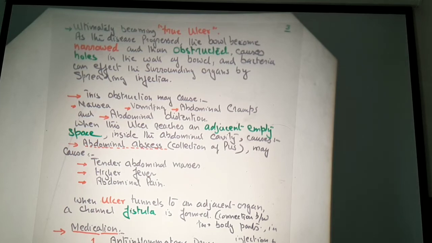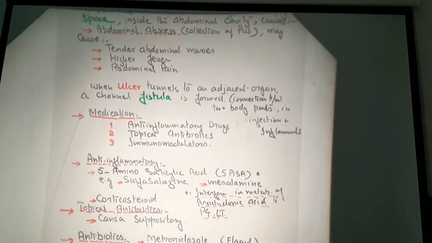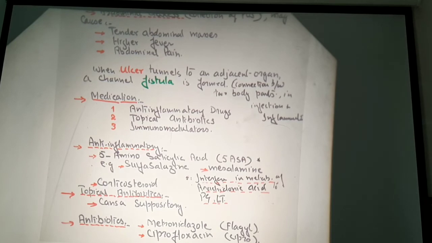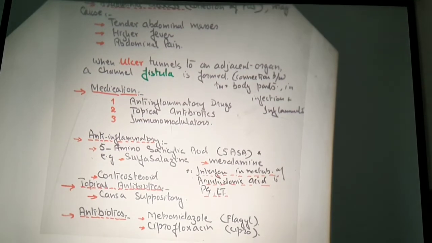So there is a collection of pus, and it may cause tenderness of the abdominal masses, high fever, and abdominal pain. When an ulcer tunnels to an adjacent organ, a channel, that is a fistula, is formed.